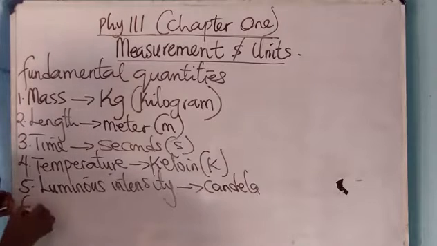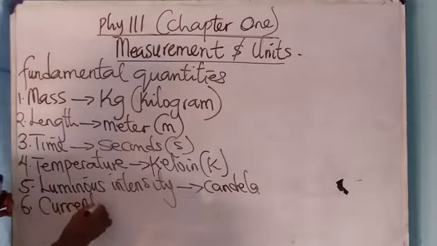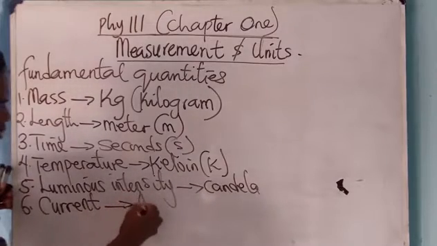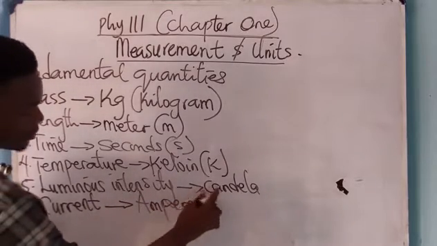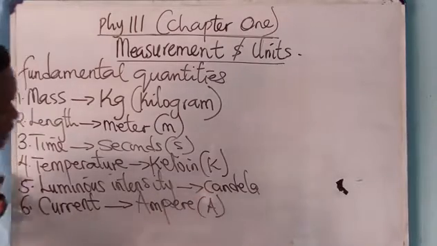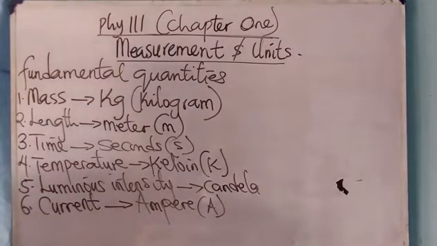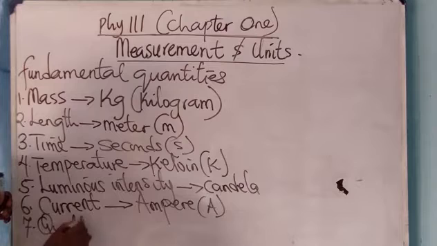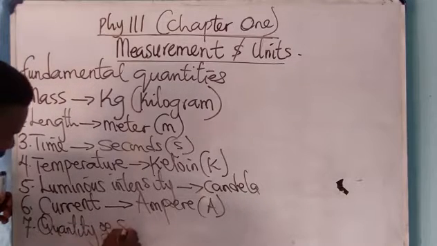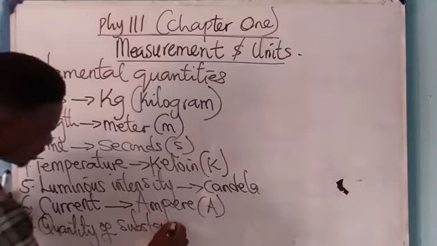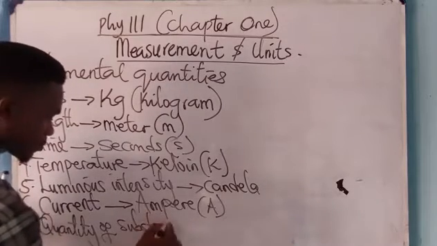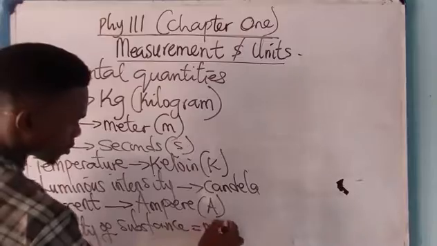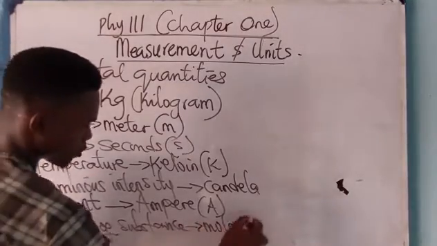Number six, current. Current is a fundamental quantity and it is measured in ampere, big letter A. We now also have number seven, which is the last one for now: quantity of substance, which is measured in mole, small letter n.